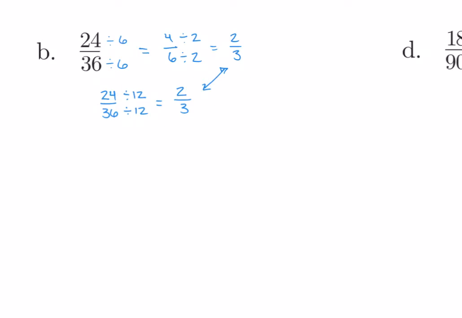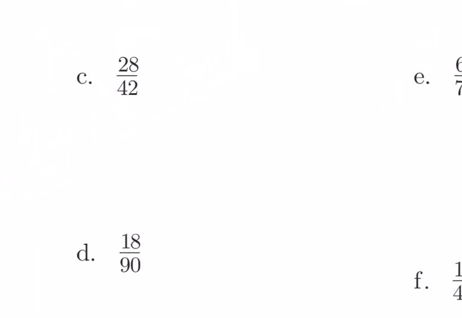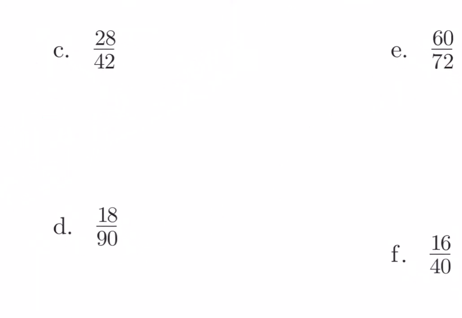So the main thing is though the greatest common factor is our goal, just find something that divides into it. It may take you a few more steps, but you will still get to the same answer. All right, let's try example C, 28 and 42. What is a number that goes into 28 and 42?